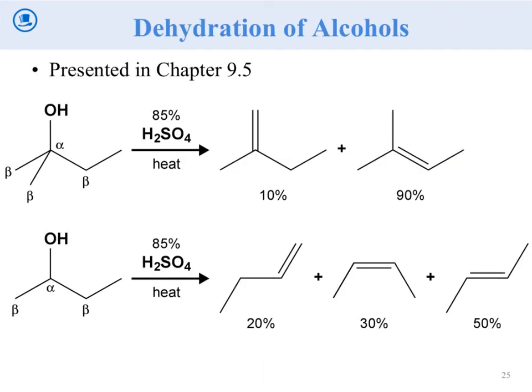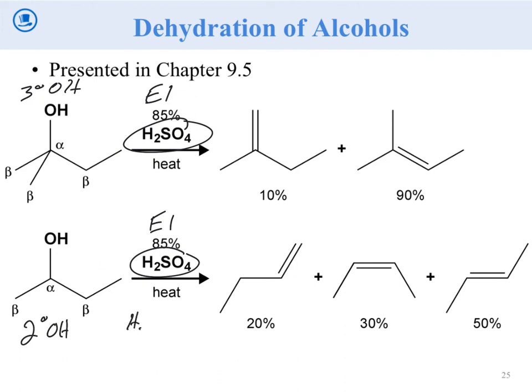The final thing, which is just review from, hopefully, first semester, is these E1 type eliminations. This is an E1 type elimination where you have really strong acids, a tertiary OH or a secondary OH, but you don't have a very good nucleophile around, right?